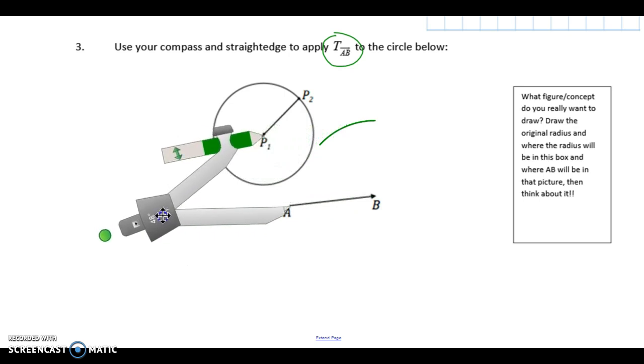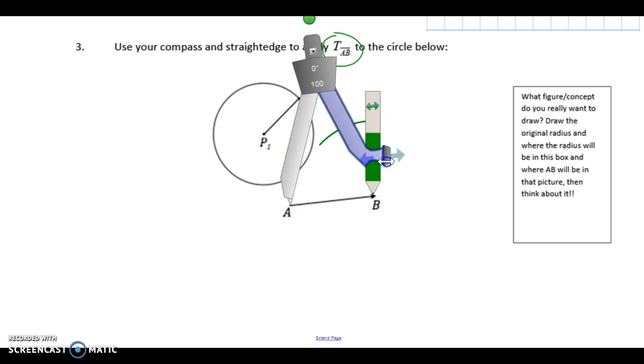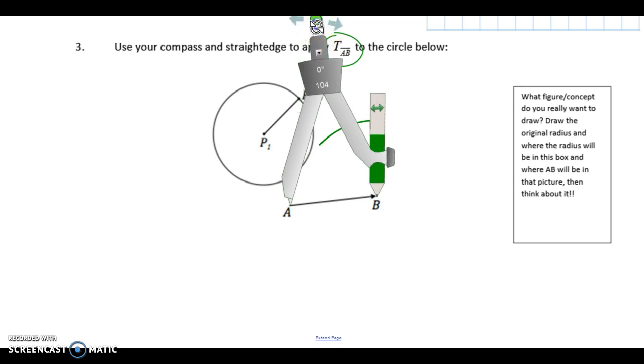Now I'm going to measure the length of the vector so I can get P prime in the right spot. So I'm going to turn and measure how long this vector AB is. Let me rotate that a little bit more. AB is about this long. Okay, so it's about as close as I'm going to get it.